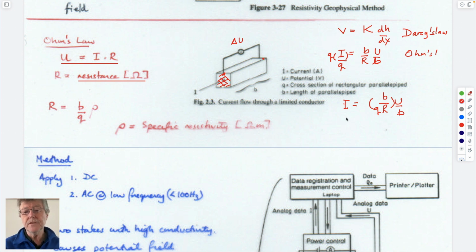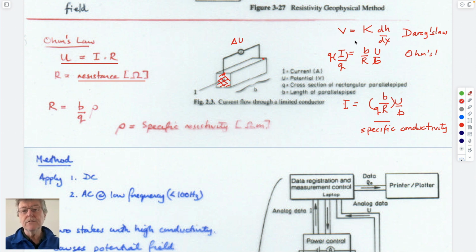So this term here, this is current, this is voltage per unit length, so the potential gradient, just like Darcy's law. This term here is not resistance, not 1 over resistance, but the whole term here is actually specific conductance. Actually, let's call it conductivity.